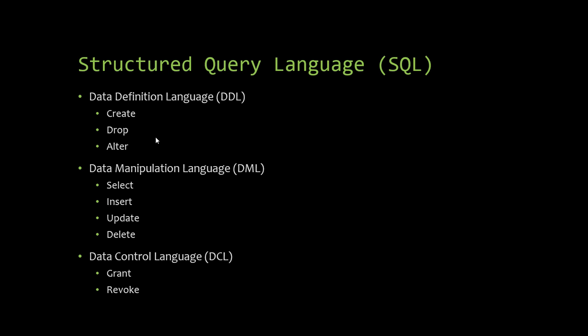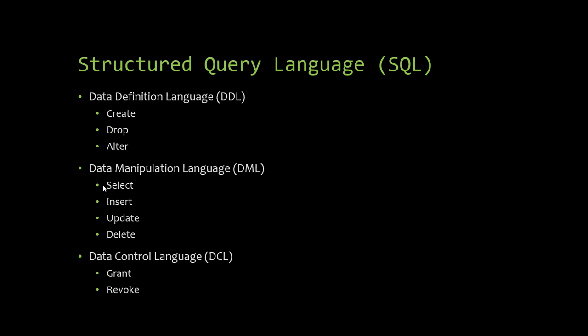Data definition language basically allows you to make tables, delete tables, and change tables. The terms are a little bit different. In order to delete a table, you have to drop it. In order to change a table, you have to alter it. The syntax is a little bit different from the kind of language that we usually speak.